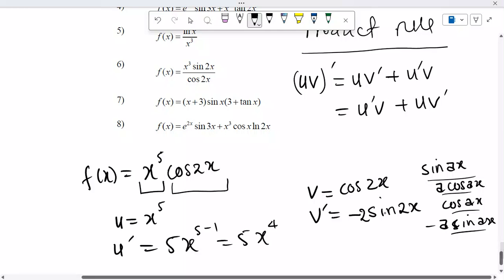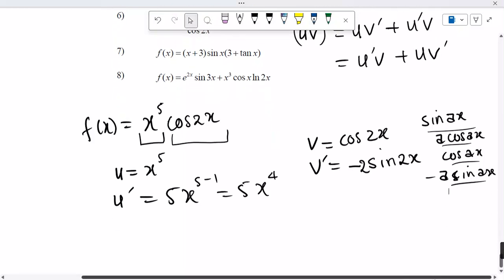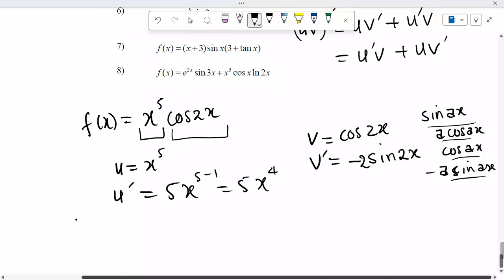Now you apply the formula: u v prime, so you can say u, then v prime, plus u prime v. Now you just put in the values. What is u? It is x to the power 5.